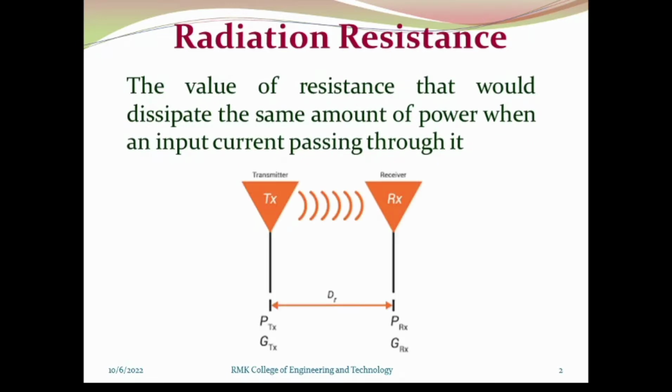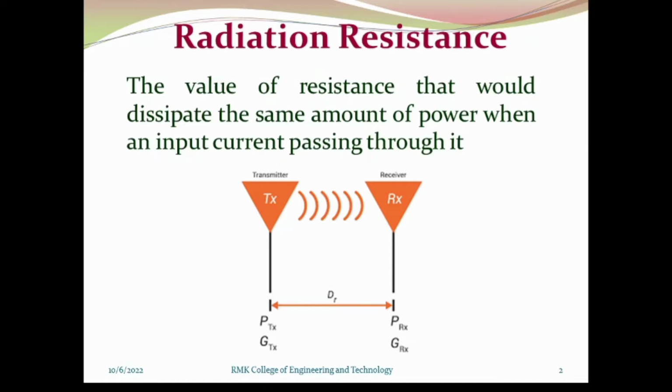for antenna transmissions. The proper definition of radiation resistance is nothing but the value of resistance that would dissipate the same amount of power when an input current passes through it. Usually we understand that resistance in the conventional method is used to resist, or to slow down the flow of charge carriers.